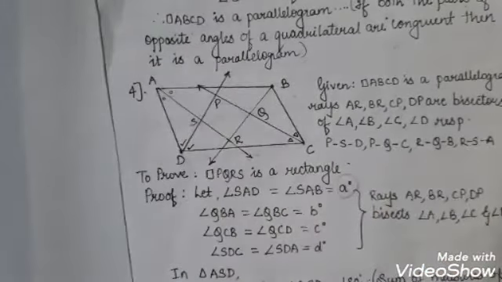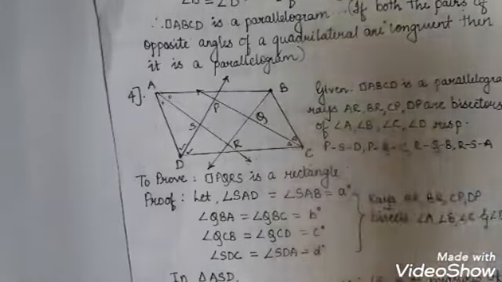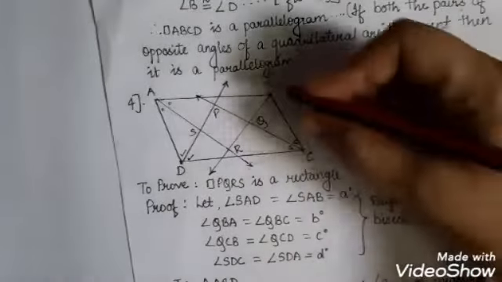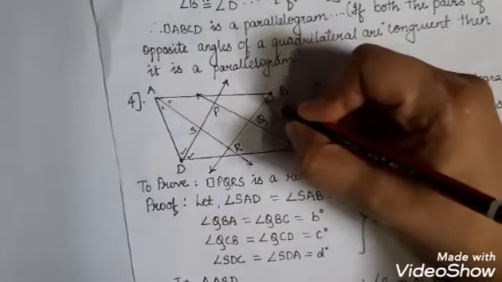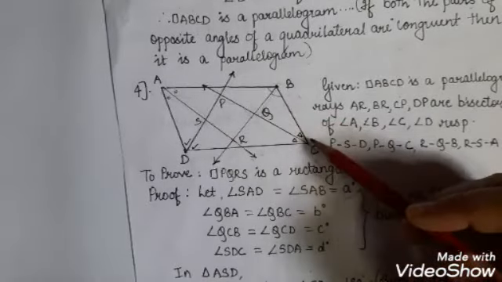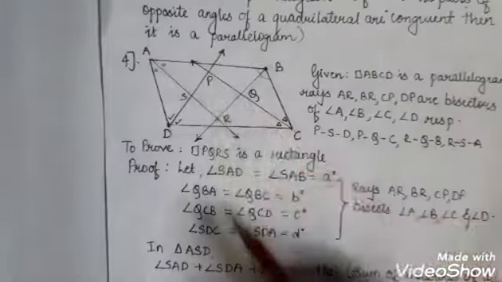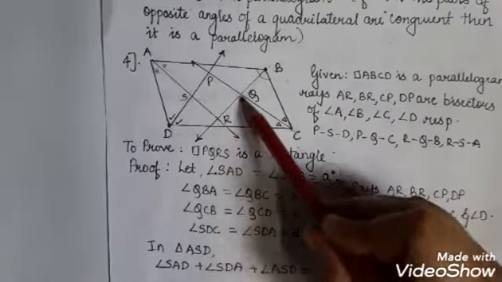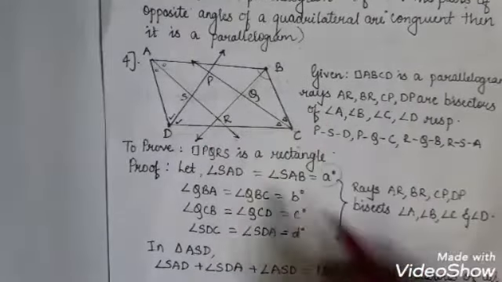Angle QBA and angle QBC are each equal to B degrees. Then angle QCB and angle QCD are each equal to C degrees.